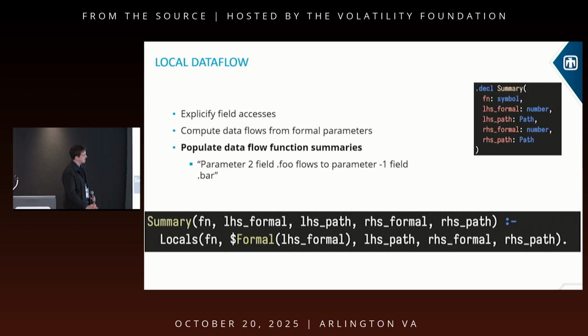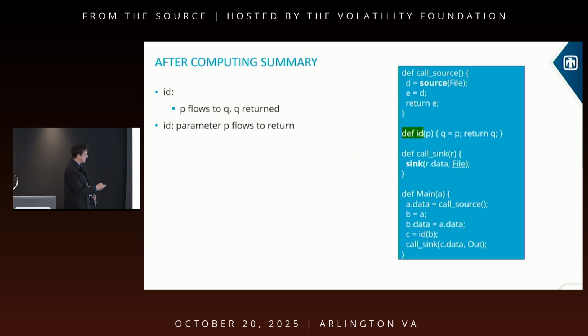This is the last step. We're going to take what we computed and compute what are called function summaries. For id, we figured out that P flows to Q and Q gets returned. What that means is we now have a function summary, and this is the key to the scaling of CTADL.